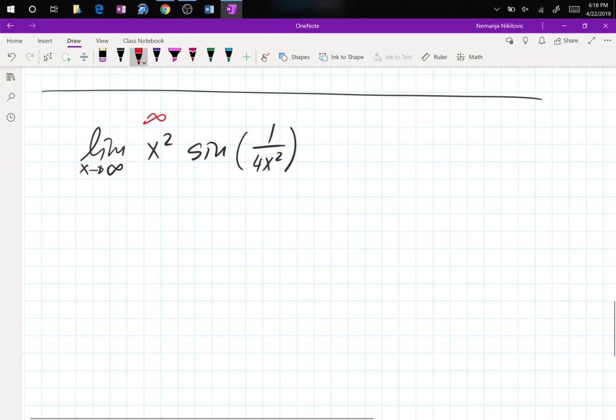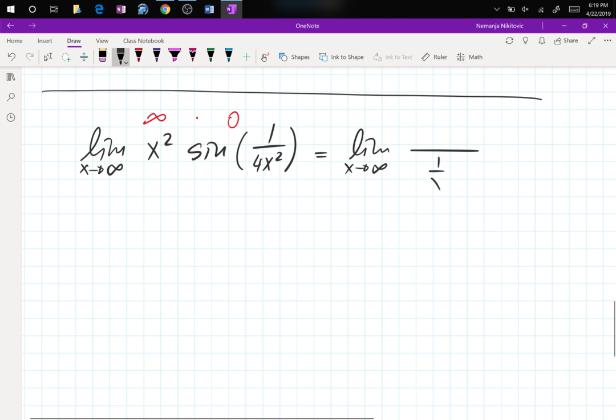And 1 over infinity is 0, sine of 0 is 0, so you have infinity times 0. And you can flip either one to start off. If it gets bad, you just go back and you switch it. So let's flip the x squared.